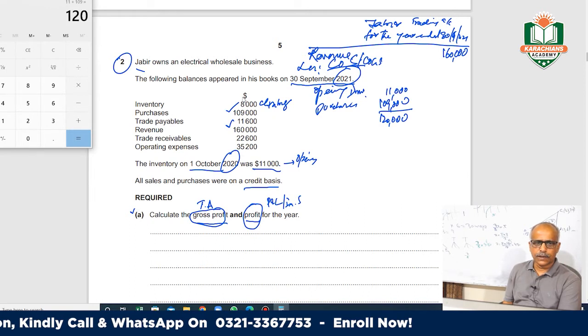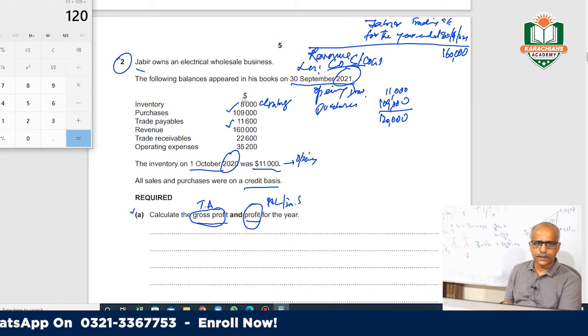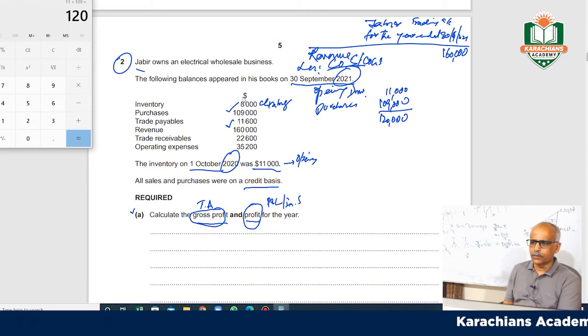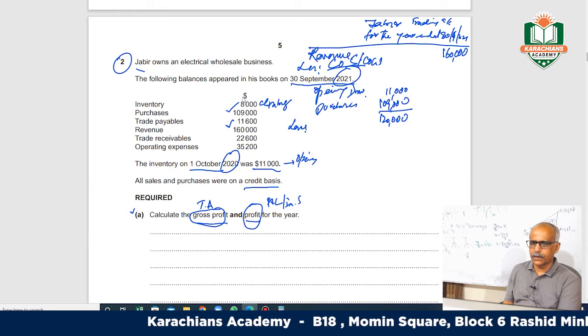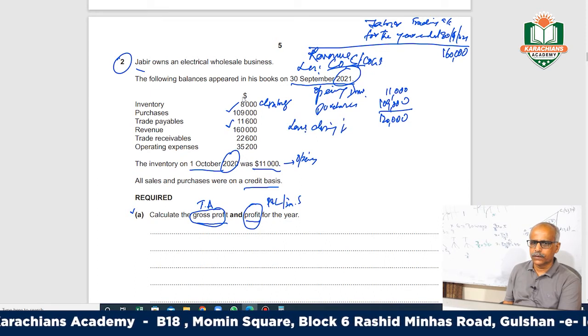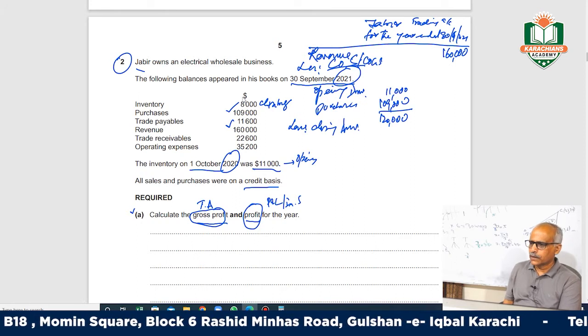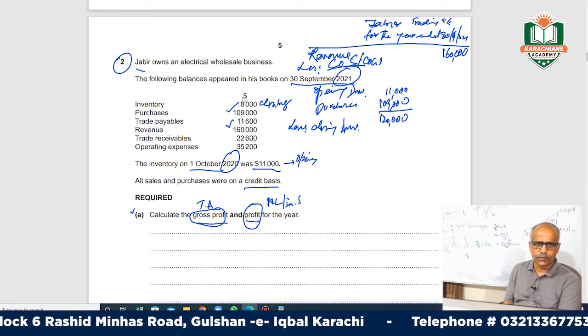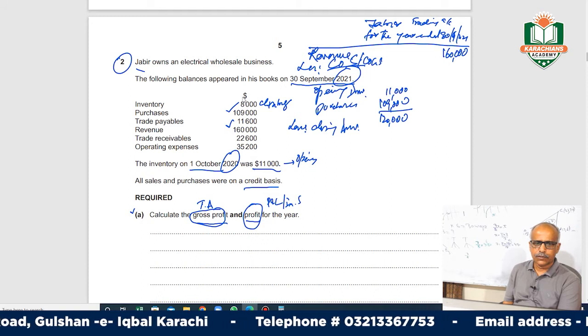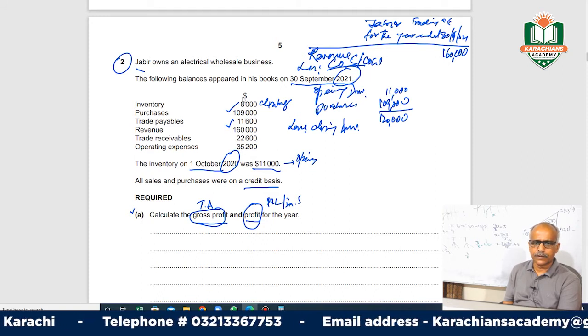Then simply you have to deduct the closing inventory. How much is your closing inventory? This is your closing inventory, 8,000.